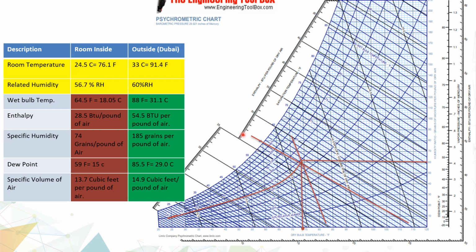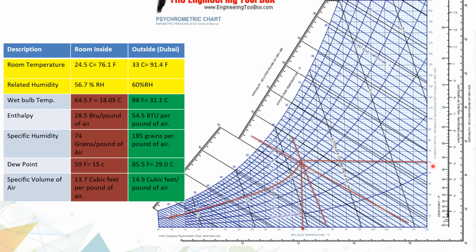Enthalpy shows 28.5 BTU per pound, and specific humidity says 74 grains per pound. That means in 1 pound of air, 28.5 BTU of heat is available.